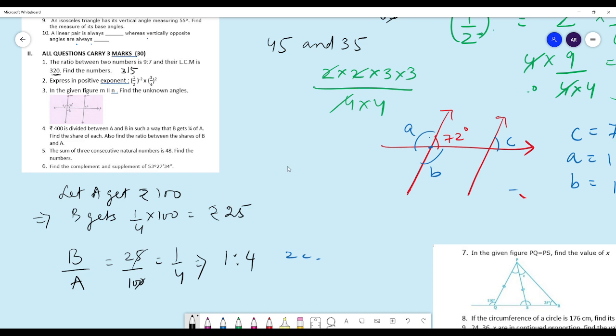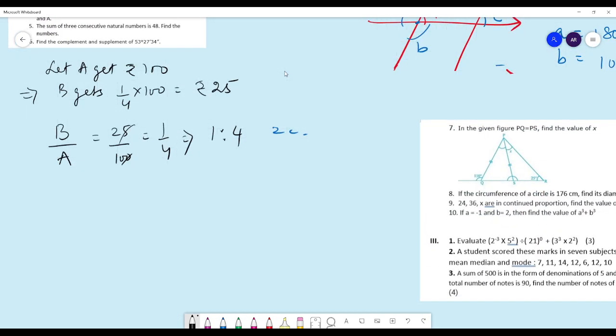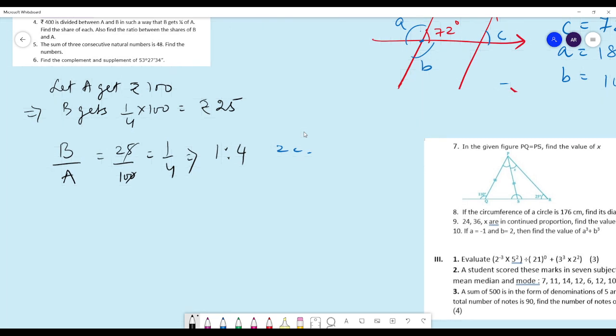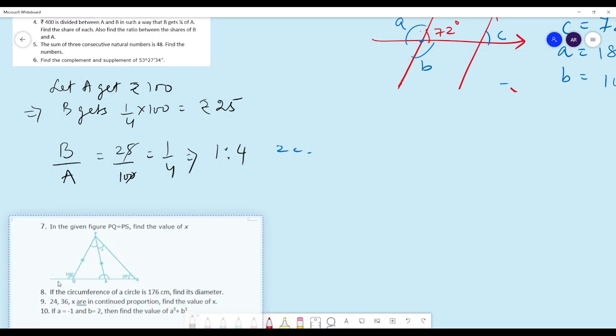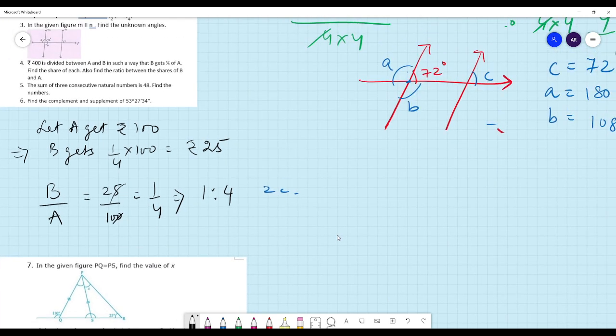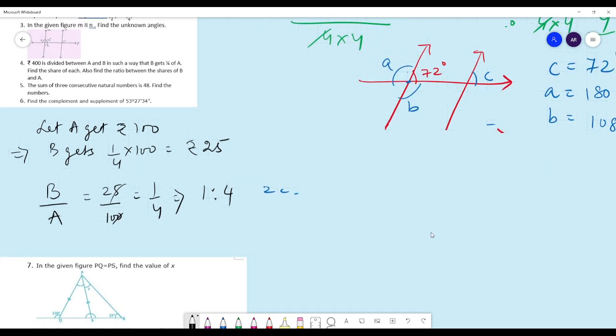Okay, now let us move on to the next question, question number 5 over here. The sum of 3 consecutive natural numbers is 48.